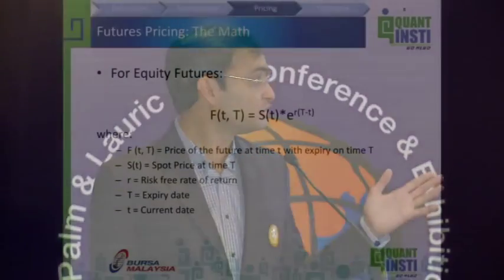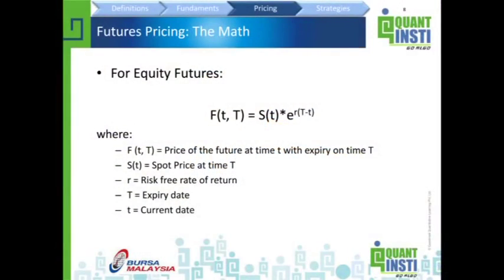So, a little math here. For equity futures, in this case, you don't have any delivery or convenience yield. There's nothing. Everything is on paper anyway.